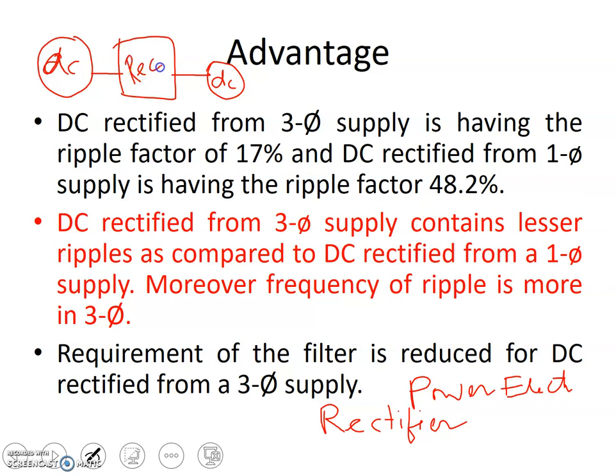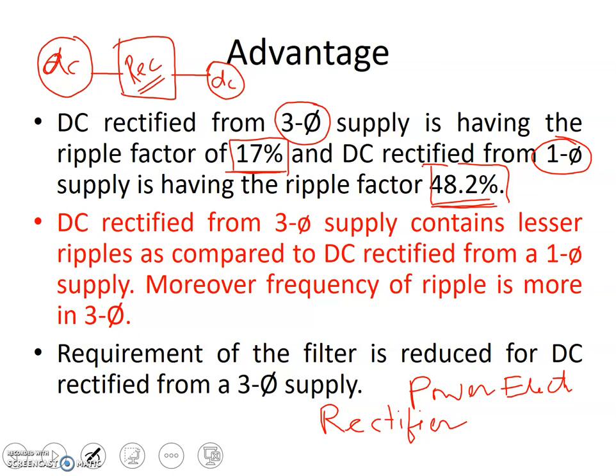So this is a rectifier. In the process of rectification, the output DC will have some ripples in a three-phase system as well as in a single-phase system. But the ripple factor in the case of a three-phase system is much lower as compared to a single-phase system: 17% in the case of a three-phase system, while it is 48.2% in the case of a single-phase system.